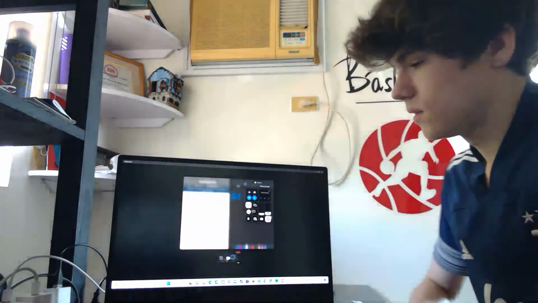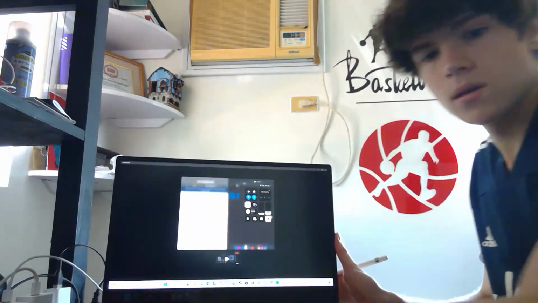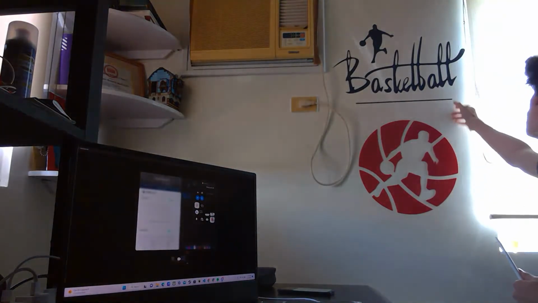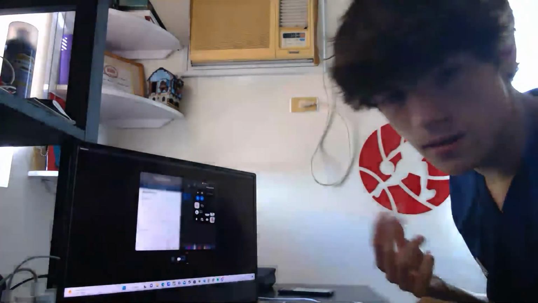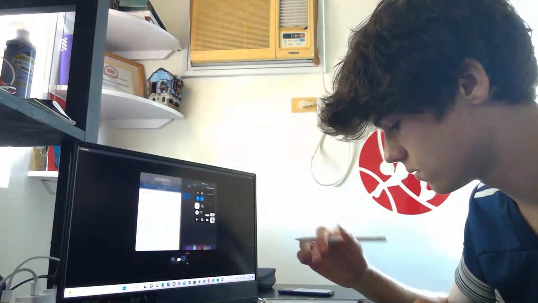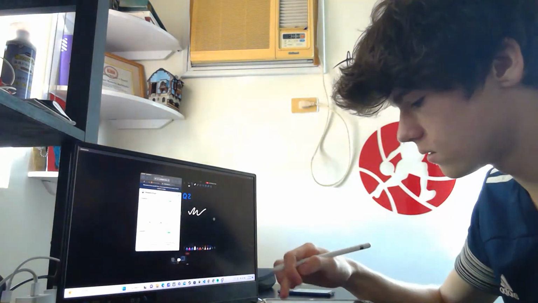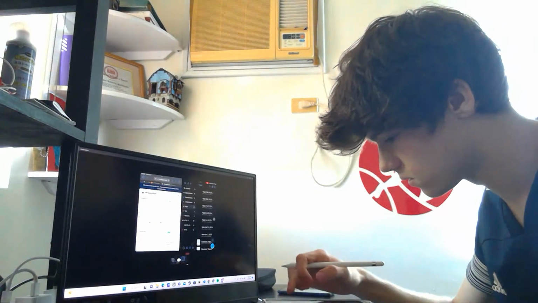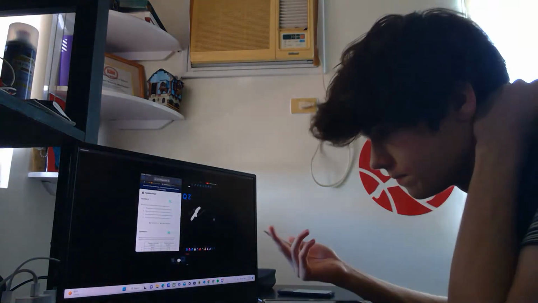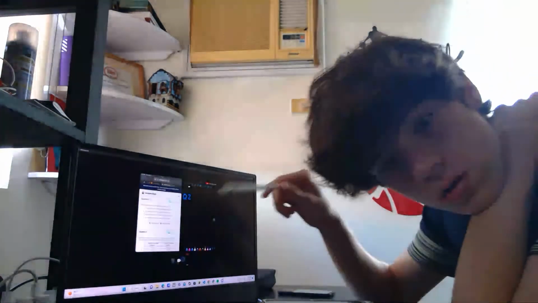Can't really see this. Now it's daytime out. Anything else? Nah, the problem is you really can't see this screen. That sucks. Okay. Basically, you are not going to be able to see the screen right now, sadly.